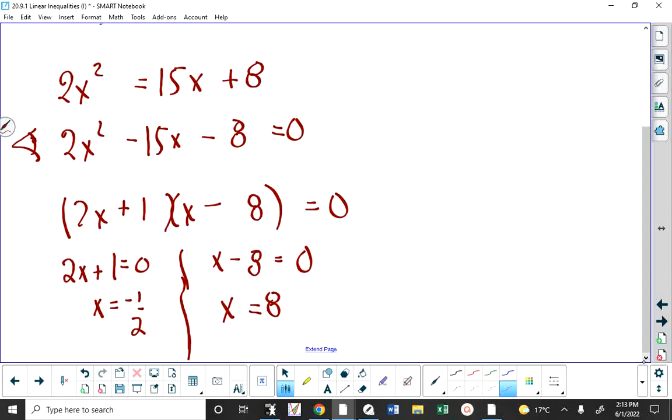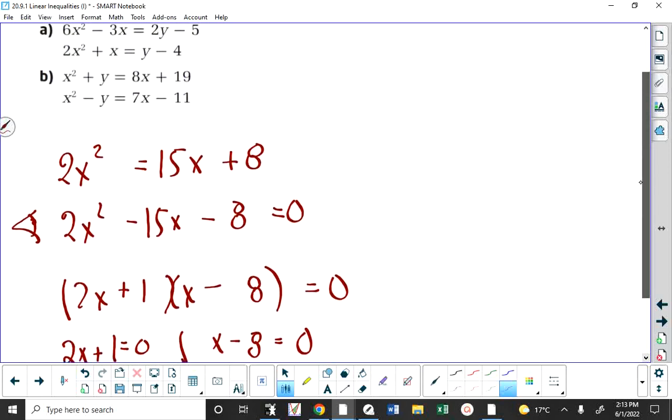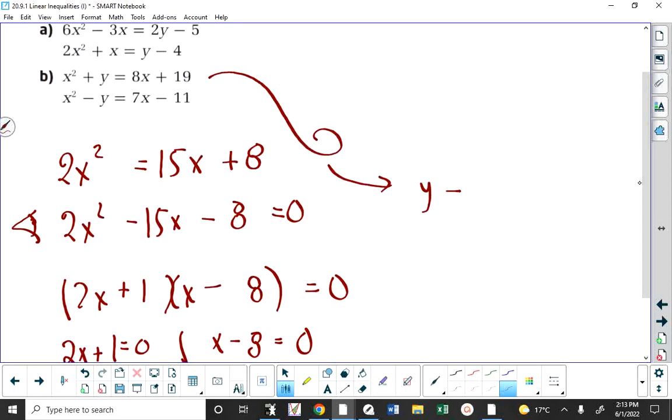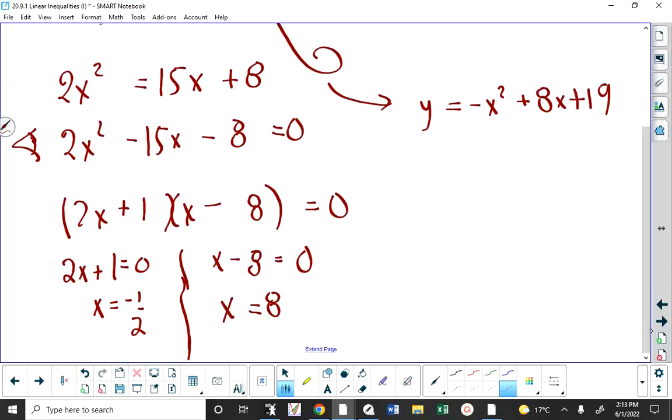And that means you're going to go back up to one of the original equations. It doesn't matter which one. I'm going to go with this one. y is equal to negative x squared plus 8x plus 19. And we can go ahead now and put in 8 and see what we get for y. Put in negative 1/2, being careful with that negative.